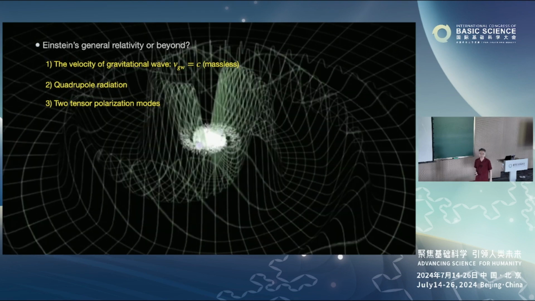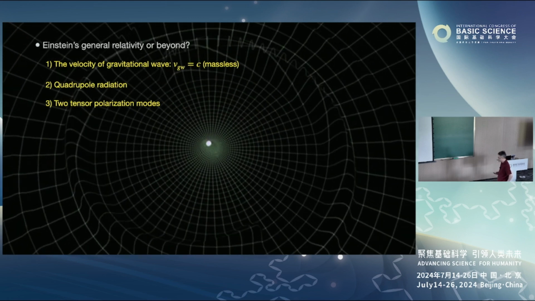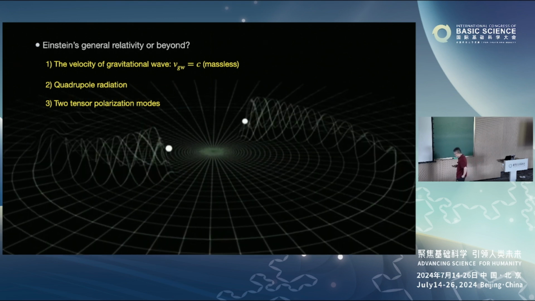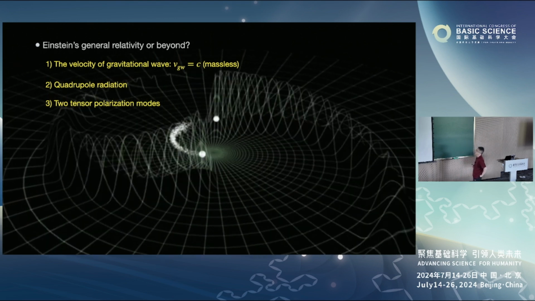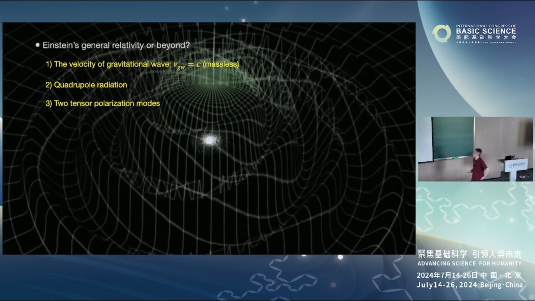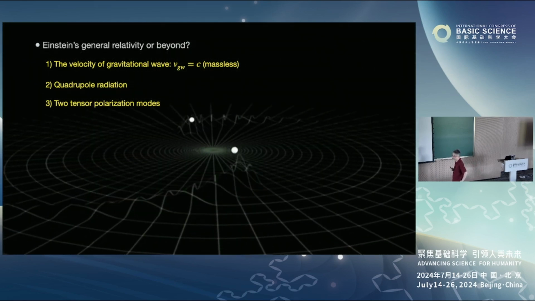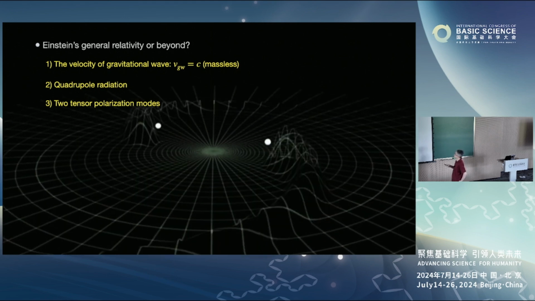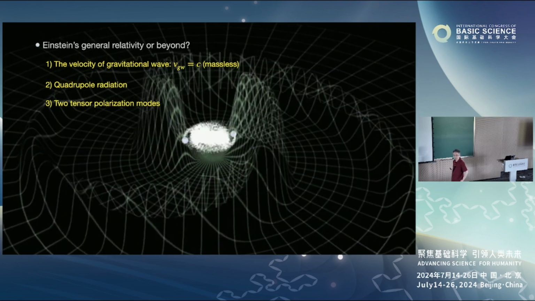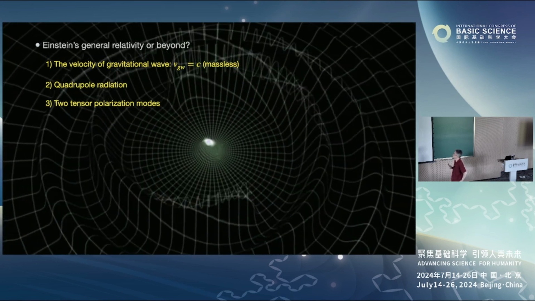So before that, we need to clarify what the fundamental predictions of general relativity for gravitational waves are. We think there are three key predictions. One is that the velocity of gravitational waves is the speed of light. Once we find the velocity of gravitational waves is different from the speed of light, we know we have to modify gravity, we have to modify general relativity.